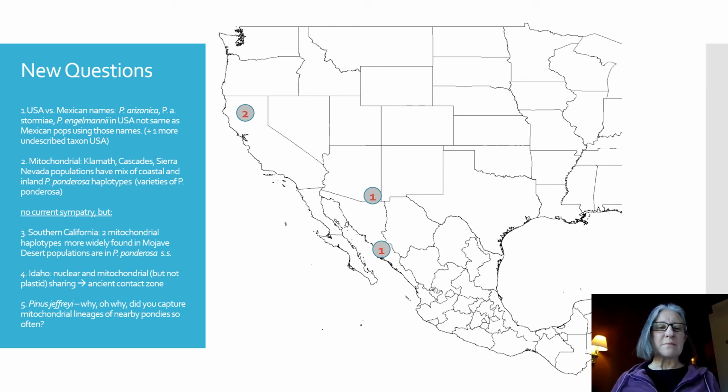There's no current sympatry, but there are two areas that are of interest. In Southern California, there are mitochondrial haplotypes clear out into the transverse ranges that are shared with the pines of the Mojave Desert that you would assign to Brachyptera.